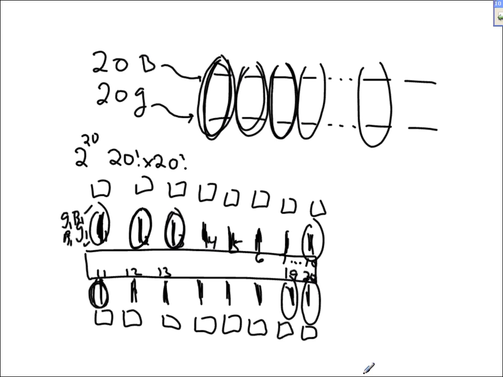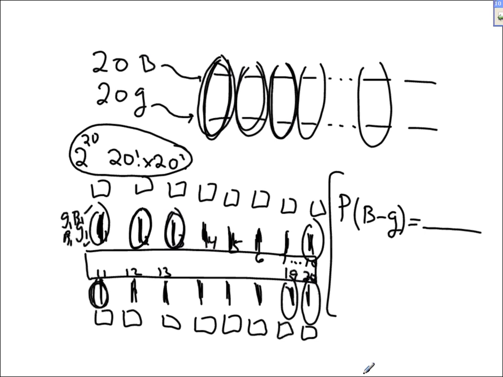Okay. So now, the probability that you get a boy, girl, well, this is the number of ways of arranging them. 20 factorial times 20 factorial is 20 factorial squared.